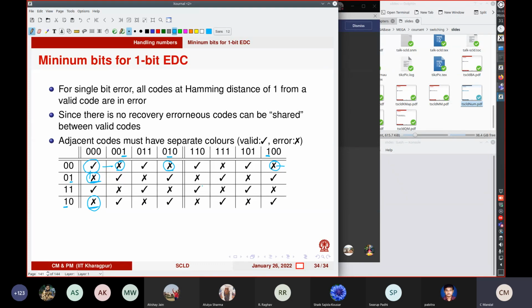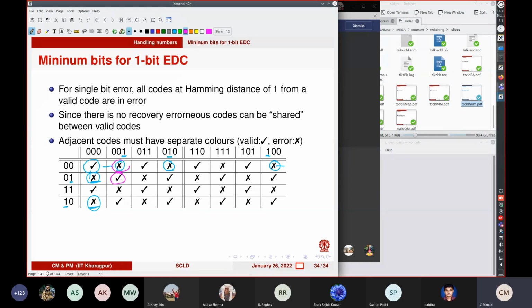Okay, so what you can see is that 50% of the code words in this case are usable and 50% of the code words are in error. Okay, so it is useful to just check one more example. So if we consider this, which are the code words adjacent to it? So of course this is adjacent to it.